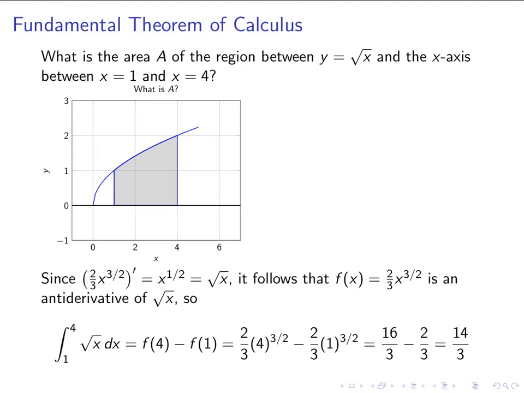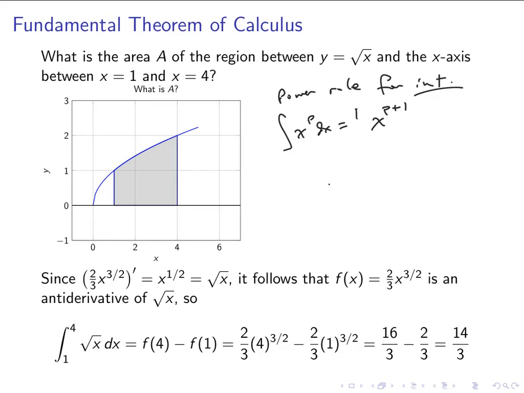That's the power rule for derivatives that is making that happen. The power rule for integration, the power rule for antiderivatives, says that if I want to find an antiderivative of x to a power, then I will get something whose power is 1 more than the power of the integrand that I started with.